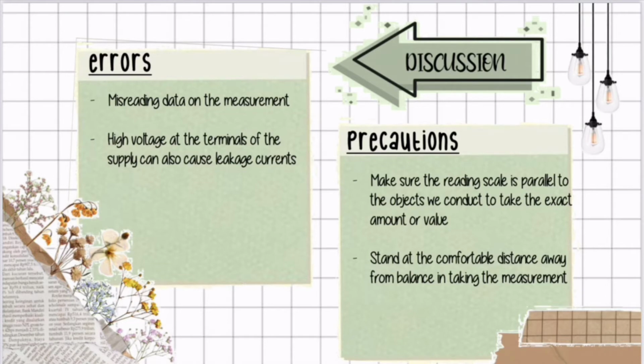For the precautions of this experiment, we must make sure the reading scale is parallel to the object we conduct, to take the exact value. Secondly, stand at a comfortable distance away from the balance in taking the measurement in order to minimize the effect of static charge.